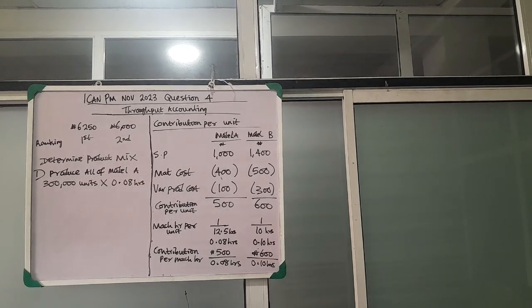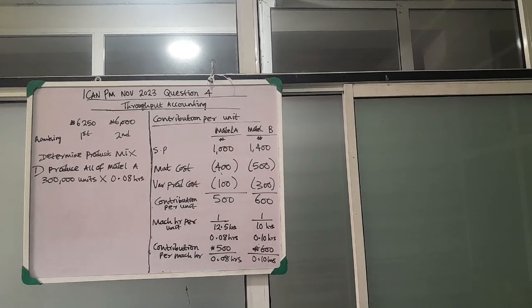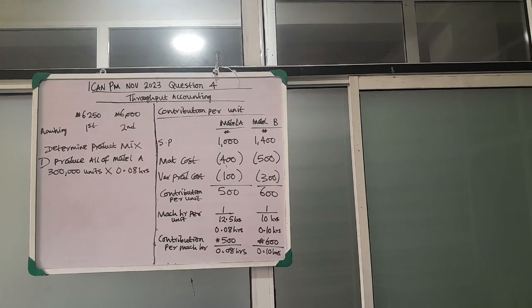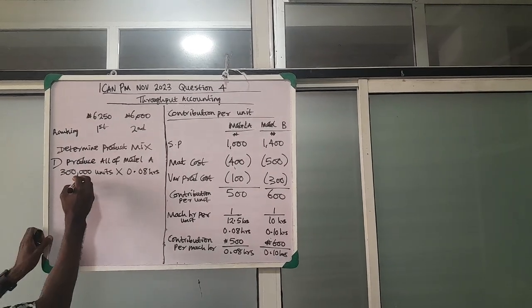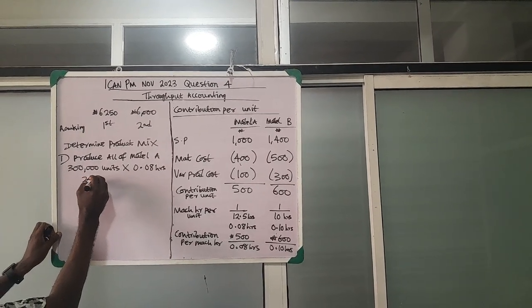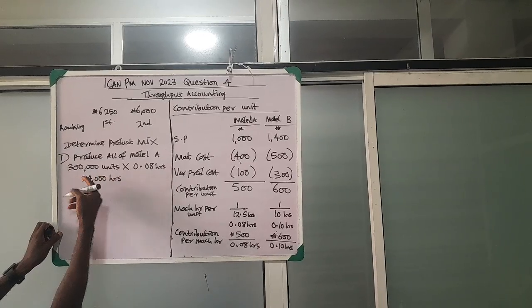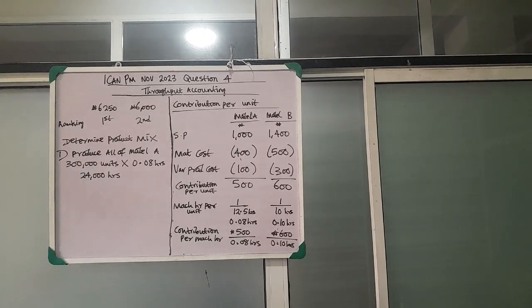That gives us 24,000 hours. So it takes us 24,000 hours to produce all of model A.